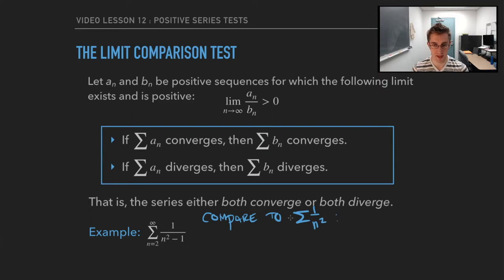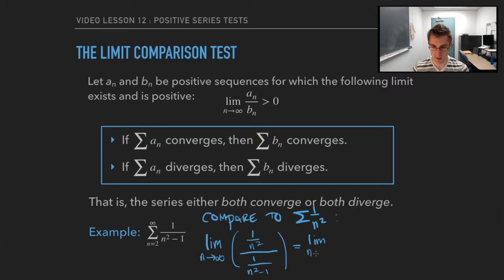So what do we do? We take the limit of the ratio of these two sequences. So I take the limit as n goes to infinity of 1 over n squared divided by 1 over n squared minus 1. And it doesn't matter which one is on top and which one is on the bottom for this.